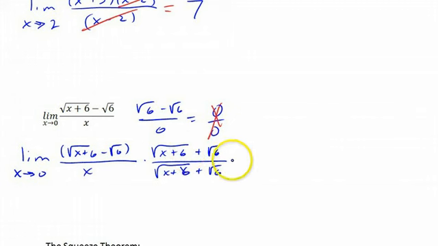And that's really just 1, so we're safe doing that multiplication. Now on top, I have the difference of two squares, so that is x plus 6 minus 6. And on the bottom, I have x times this whole thing right here, this conjugate.